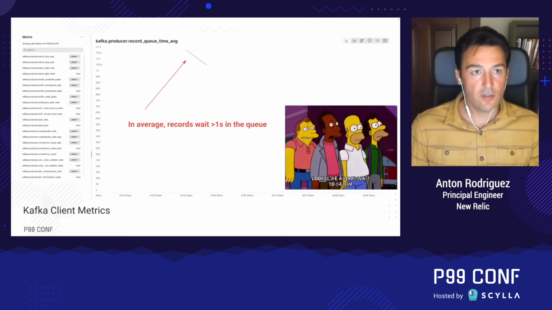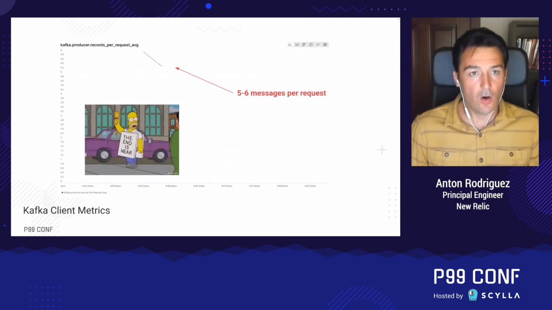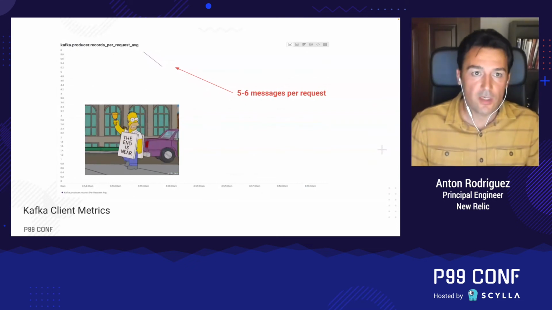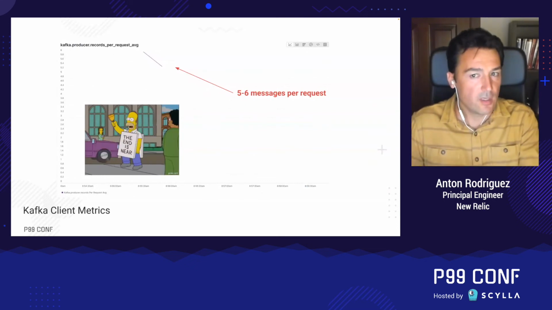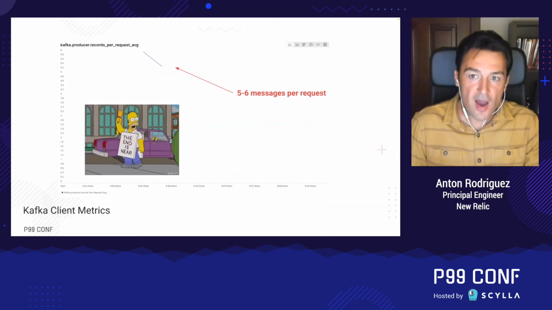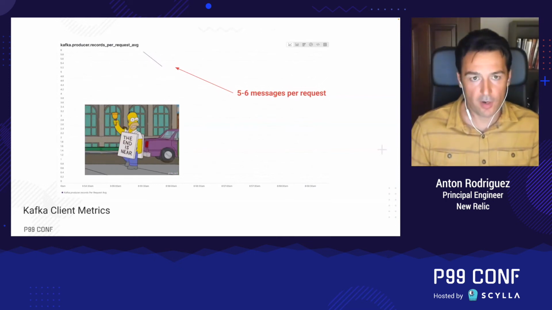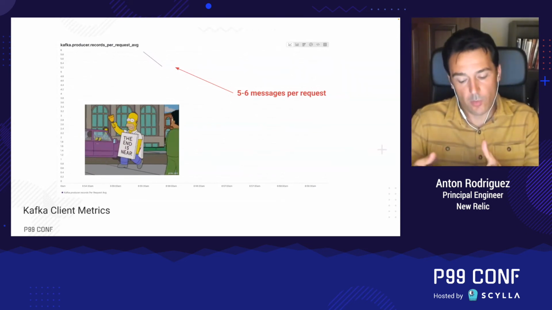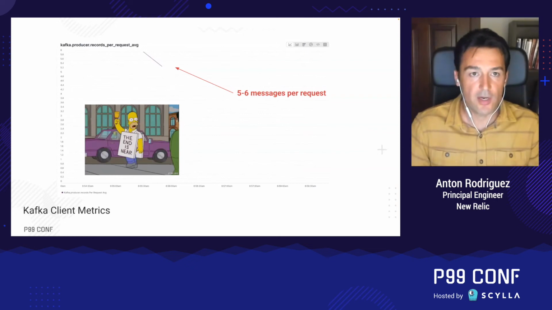So going a bit deeper into the metrics, we can also find this other metric, records per request average. And we can see this metric is around 5-6 messages per request, which is aligned with the pattern we were reviewing of 5 messages each, right?